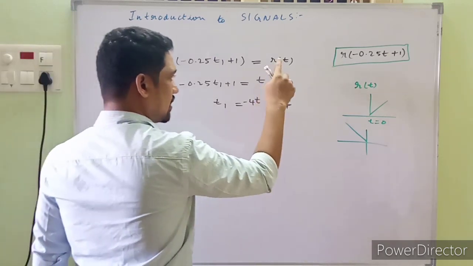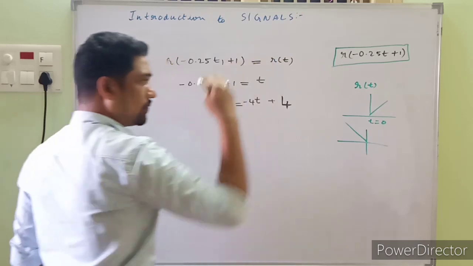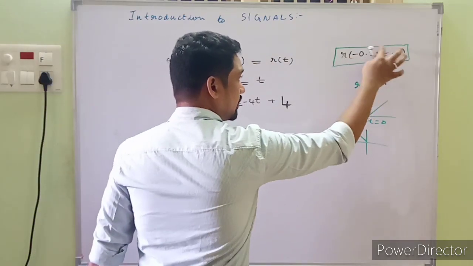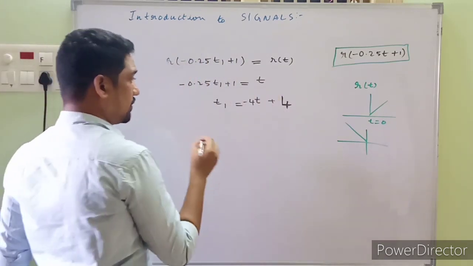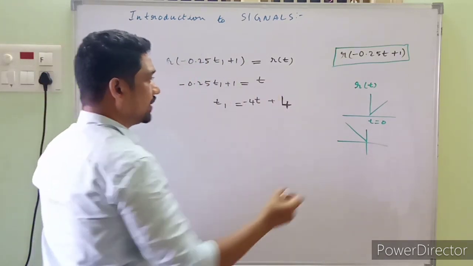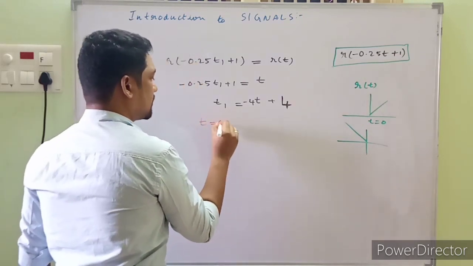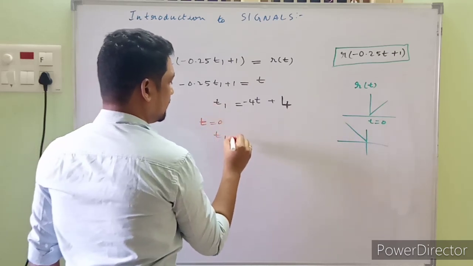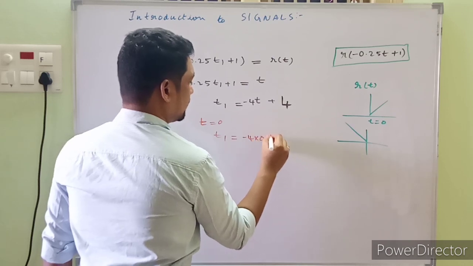My r of t starts commencing from t equal to 0. So the manipulated version of r of t with these manipulations starts commencing from a point. When the original r of t starts commencing from t equal to 0, our t1 would be equal to minus 4 into 0 plus 4.